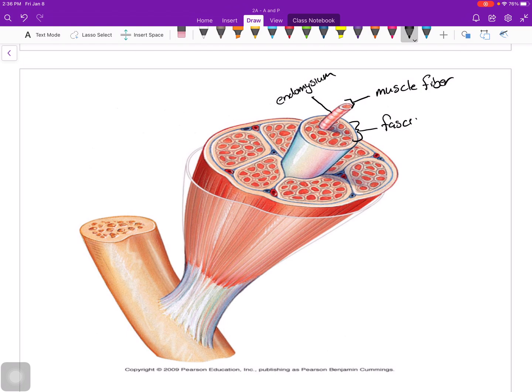Remembering, a fascicle is a bundle of muscle fibers, and therefore the covering around that is called the perimysium. The covering around all of this is called the epimysium.